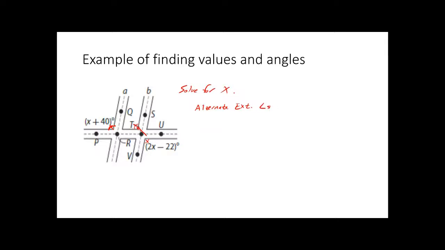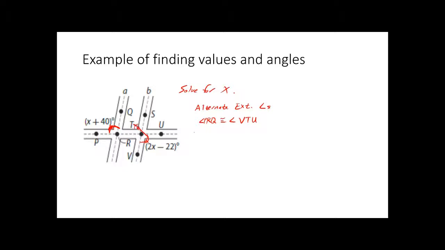That's the theorem that we're using. So we're talking about this angle right here and this angle right here being the same. So you would say angle PRQ should be congruent to angle VTU, or UTV. It's up to you.